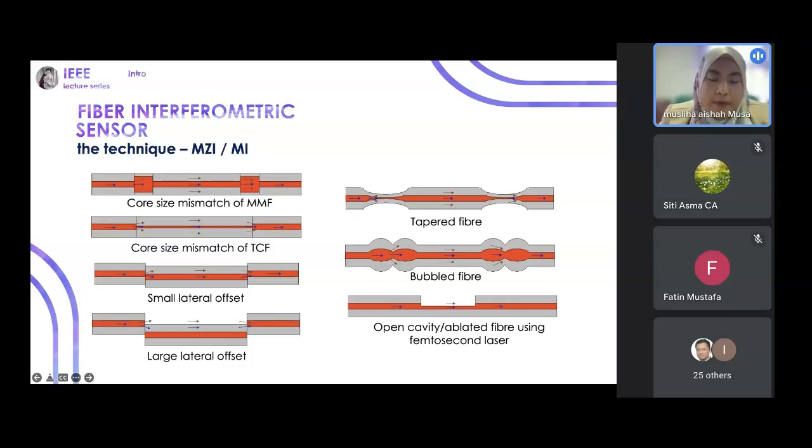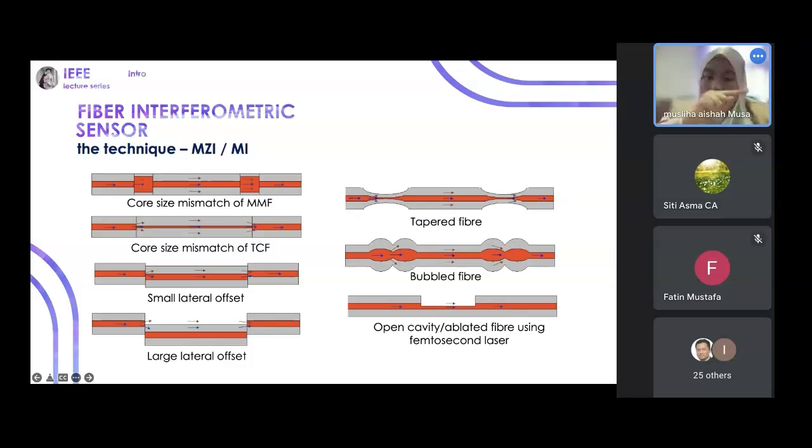Okay. Then the bubble fiber is much different from a taper fiber, but the concept is there. For the bubble fiber, the fiber must be compressed, and then it can build the bubble. This one I think we can also use the splicing machine. And lastly is the open cavity fiber using the femtosecond laser.